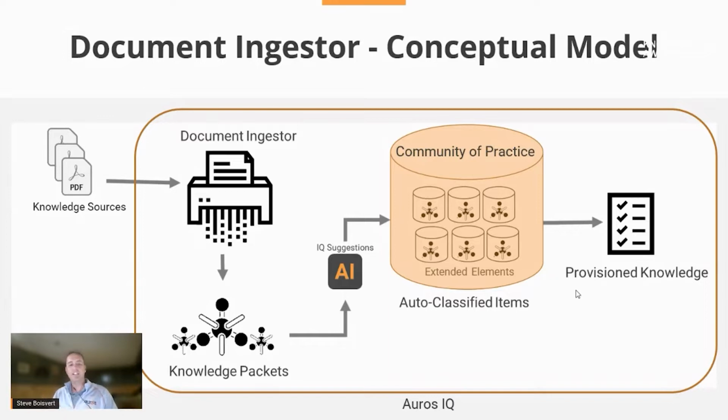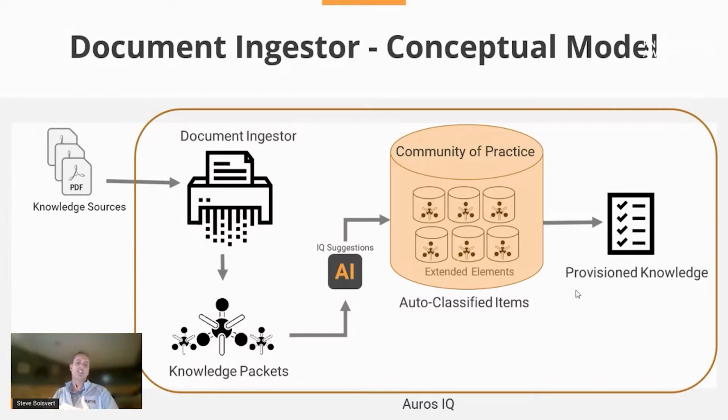Once we've created knowledge packets, we have an optional item that we can utilize to categorize and classify the knowledge packets, which we call IQ suggestions. So if the knowledge packet is broken down and extracted from these documents, IQ suggestions will look at the contents of those knowledge packets and say, I know what you are. I think you are related to this particular workflow, or this particular material, or part of this particular group.